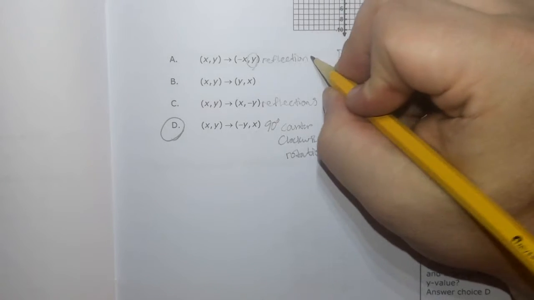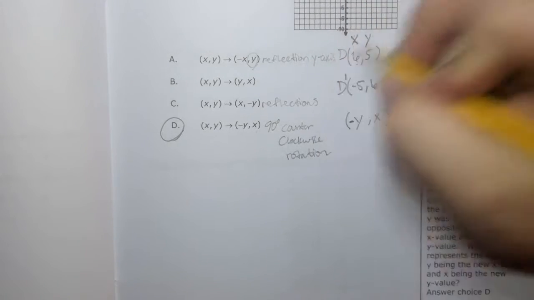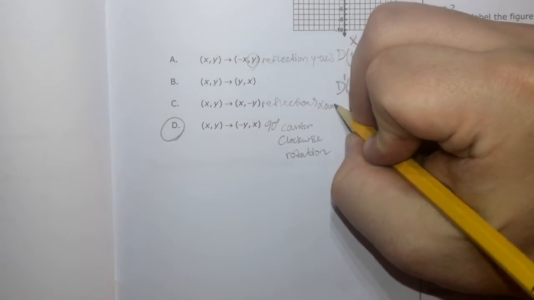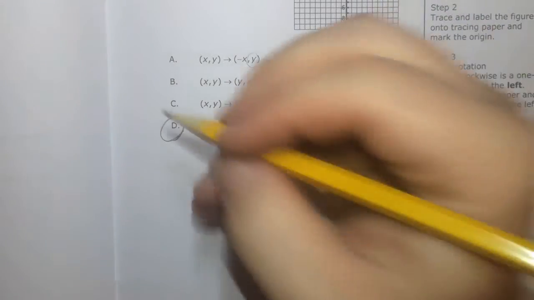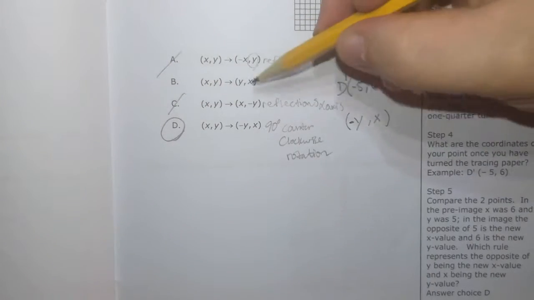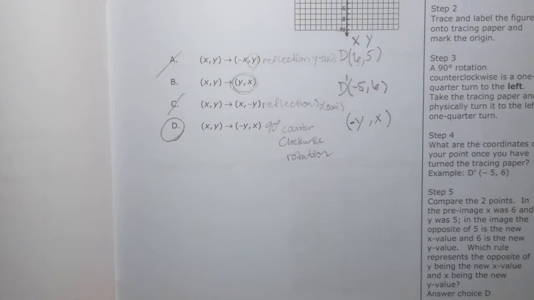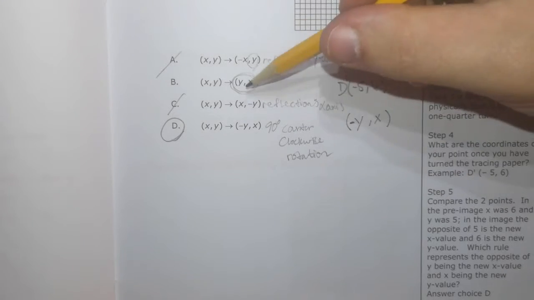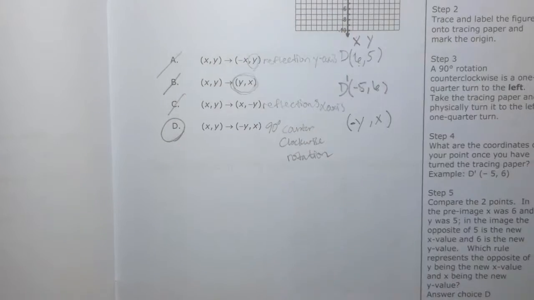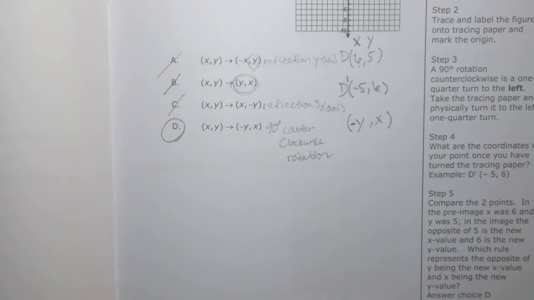This right here, y comma x, when x and y just switch, that motion rule does not exist. So you can eliminate this one because it's not one of your motion rules. So by process of elimination, you could have chosen D.